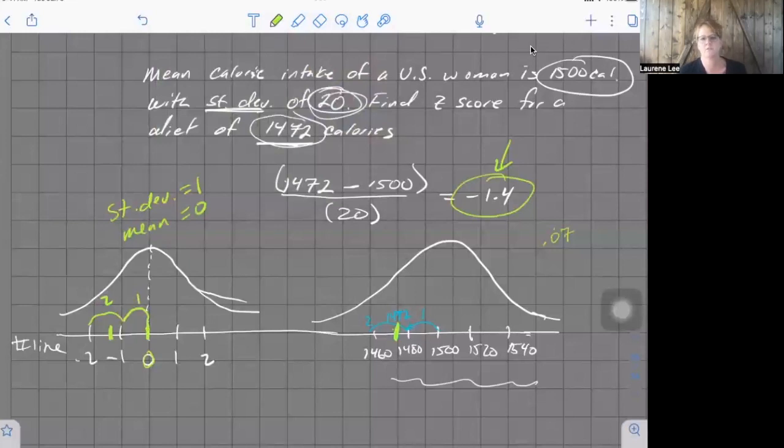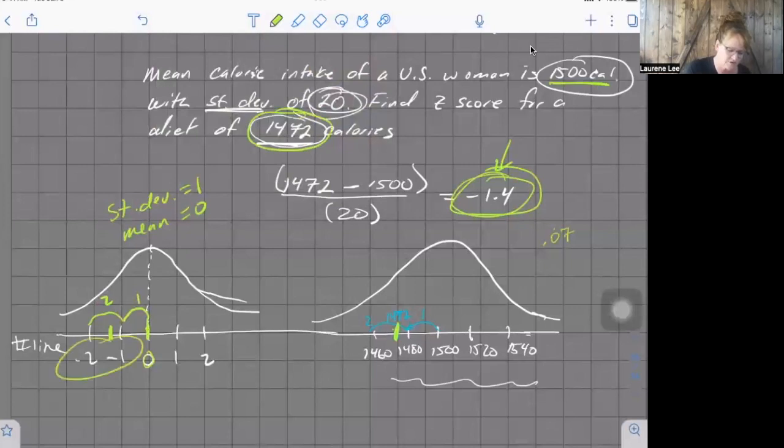So if you talk to me about this number 1472, I can't tell you off the top of my head anything about it positionally. I can obviously see that it's less than the mean, but I don't really know exactly where it is. But if you tell me that the z-score is -1.4, I can say, hey, that's 1.4 standard deviations to the left of the mean because it's negative.